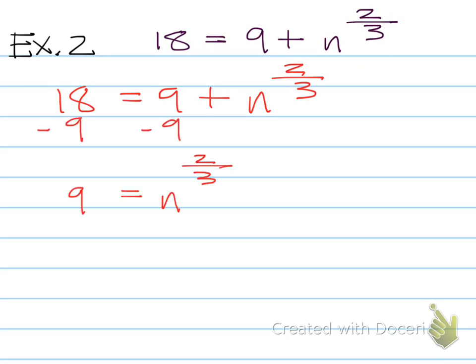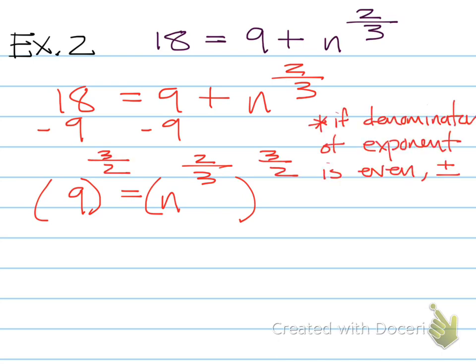And then we're going to raise both sides to the reciprocal of the exponent on the n. So we're going to raise both sides to the 3/2 power. Now note that if the denominator of the exponent is even, you need to add the plus and minus, because that would be the equivalent of an even index on the radical.